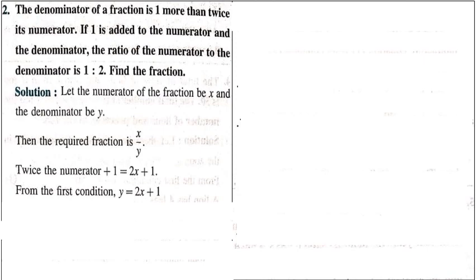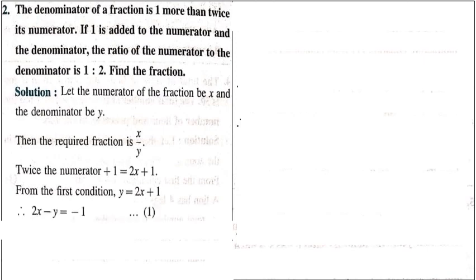From the first condition, the denominator, that is y, is 1 more than twice its numerator. So it will be plus 1 of 2x. So according to the first condition, the equation framed will be y is equal to 2x plus 1.